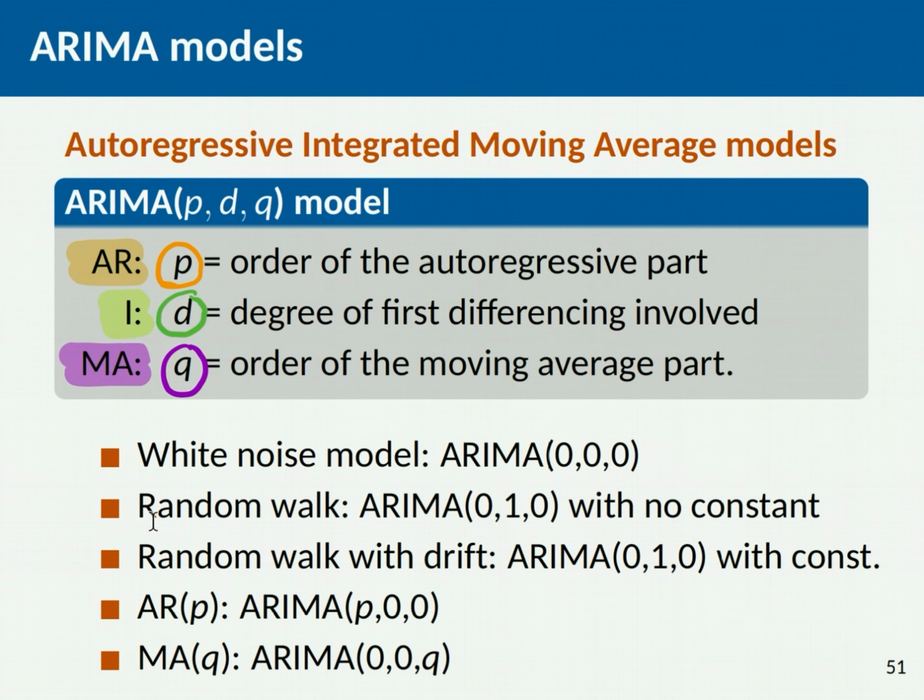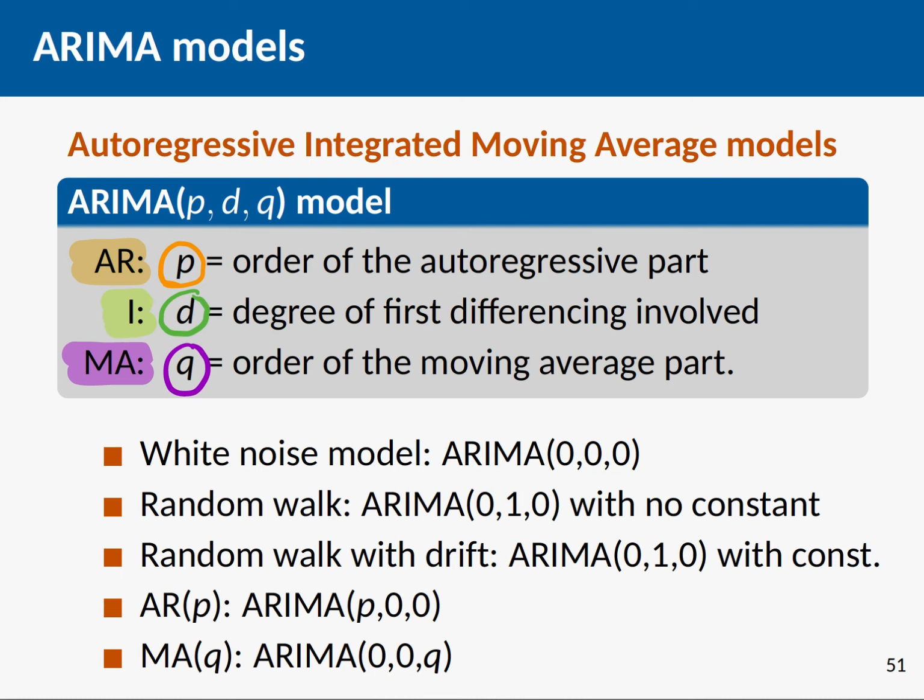And you can change this up. Once you know what a white noise model looks like, then you have different models that can be represented. You have a random walk model, which is an ARIMA(0,1,0) with no constant. You have a random walk with drift, which is an ARIMA(0,1,0) with a constant.